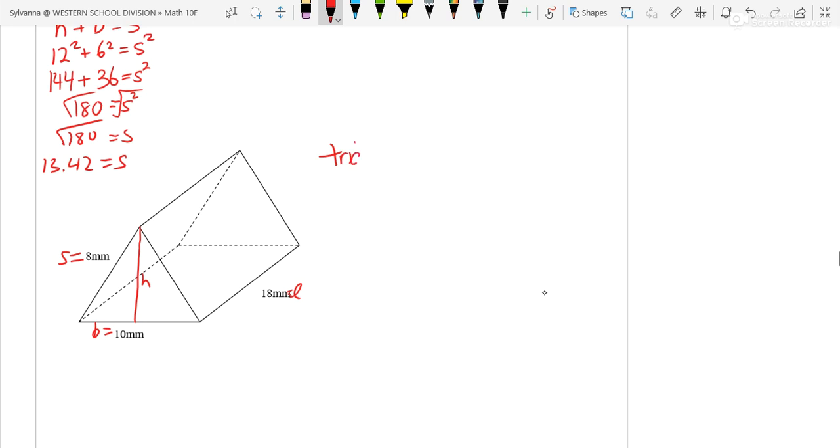So a triangular prism, and this is also with a rectangle base.